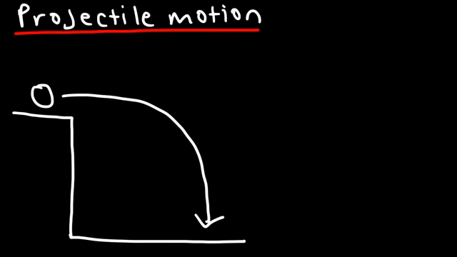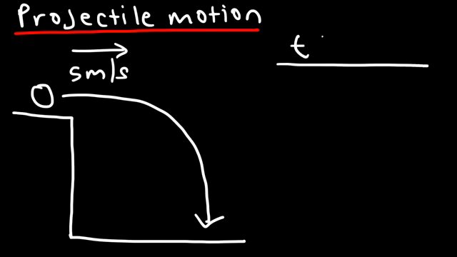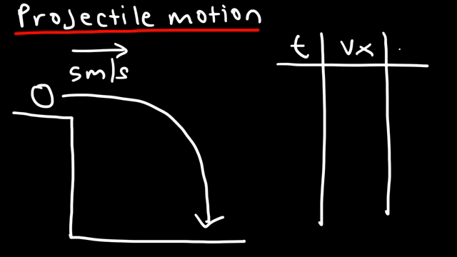But now let's say the ball was kicked off the cliff at a speed of, let's say, 5 meters per second. What can you tell me about the vertical and horizontal components of the velocity of the ball at different times? So let's make a table between t, vx, and vy.